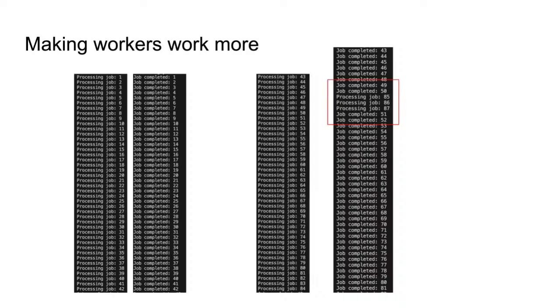So the completion is not linear if we are going to do concurrent work. And that's not a problem at all. If the worker has free time, it will use it to do more work. That's actually good for our application, depending on our use case.